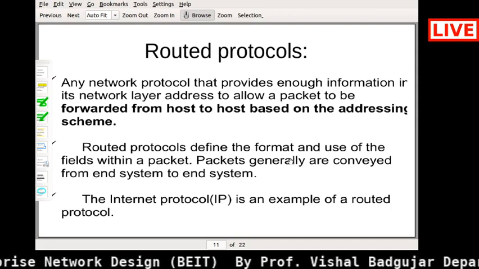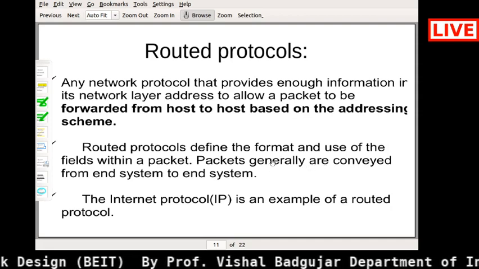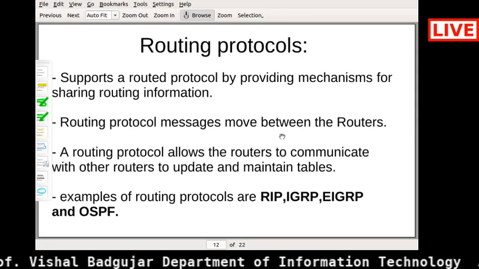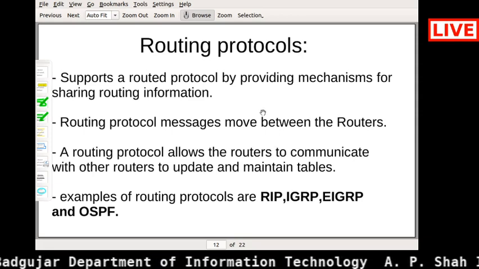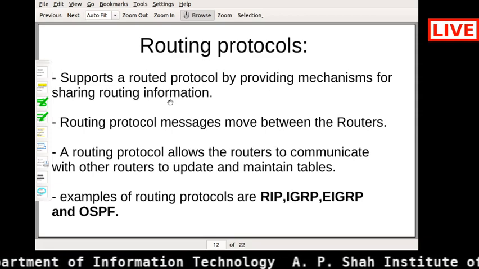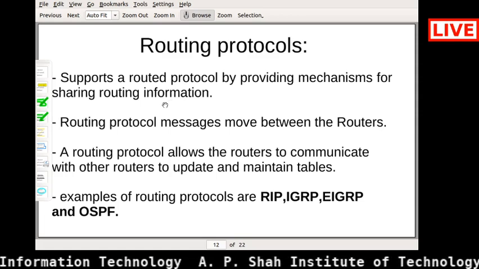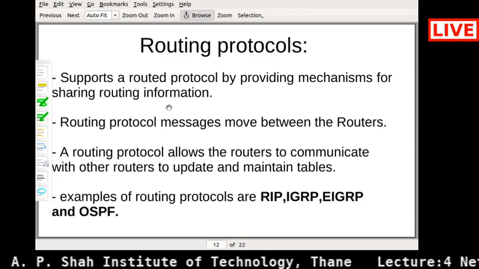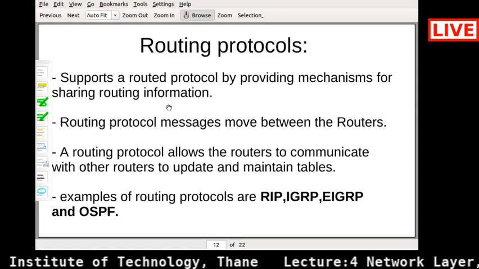The routed protocol also supports the mechanism for sharing routing information.